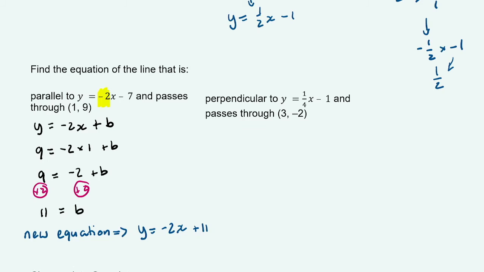Last example. We want now a perpendicular line that is going through the point 3, minus 2, and it has to be perpendicular or at 90 degrees to y equals 1 over 4 x minus 1. So first thing I'm going to do is find my negative reciprocal.